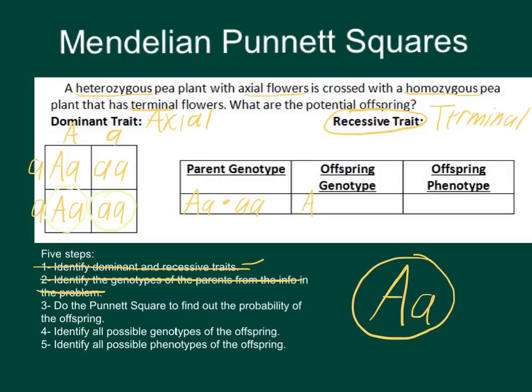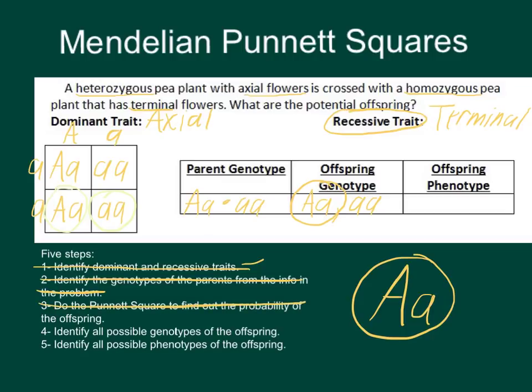So one of our possible genotypes is heterozygous, like the parent. The other one is homozygous recessive, like the parent. It's just kind of coincidental in this problem that it ended up being the same exact genotypes as the parents. This will not always be the case. The last step is to figure out the phenotype from our genotype. So you have to look at this individual and say, hey, what does that guy actually look like?